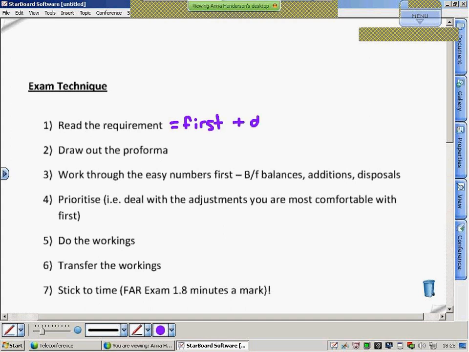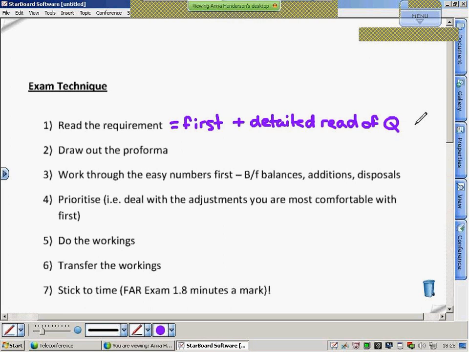After you've done that, you need to do a very detailed read of the question. So just as we've done together, marking up the paper, try to make your life easier by clocking the key dates, making a note of the key technical knowledge that's going to be required, and really just stepping into the world that the examiner has actually created for you.